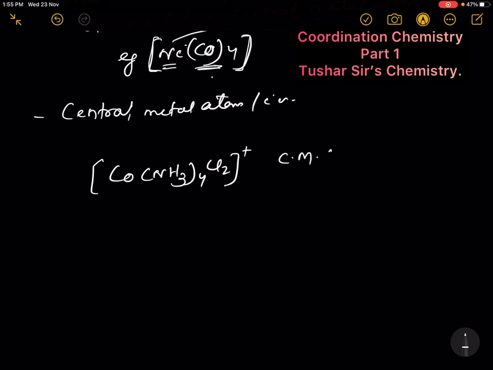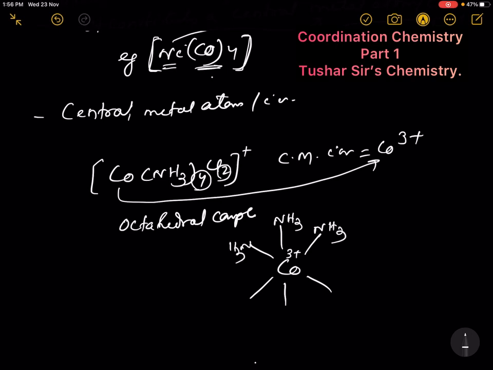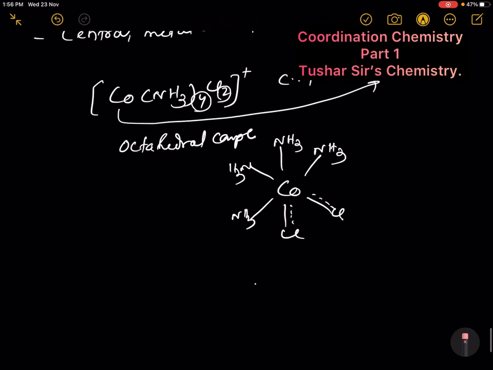It is surrounded by 4 ammonia molecules and 2 chloride ions to form an octahedral complex. Here cobalt 3 plus is surrounded by 4 ammonia molecules and 2 chloride ions to form an octahedral complex. In modern theory, it can be written as Co3+.